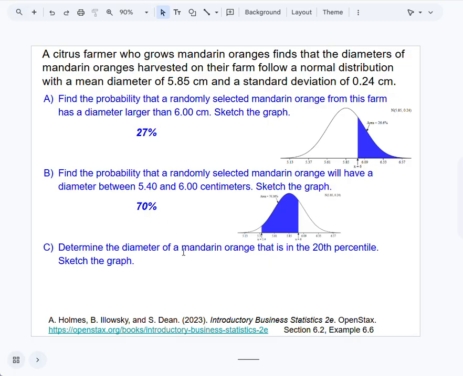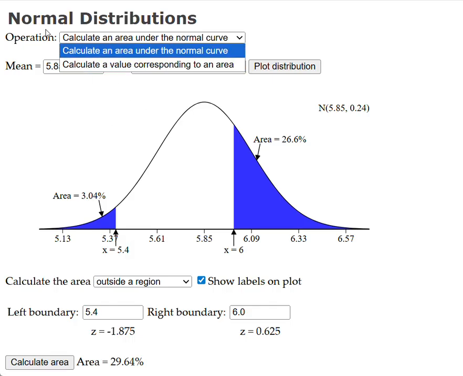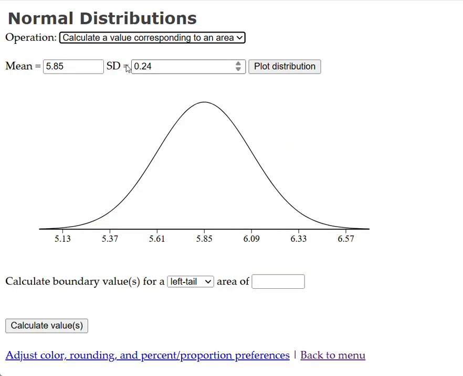Okay, now for the last problem. Now here's where we are doing the inverse, right? We're given a percentile, 20% area. What diameter matches that? So coming back here, we're going to have to switch the operation to calculate a value corresponding to an area.